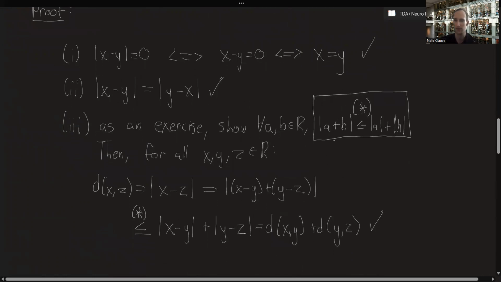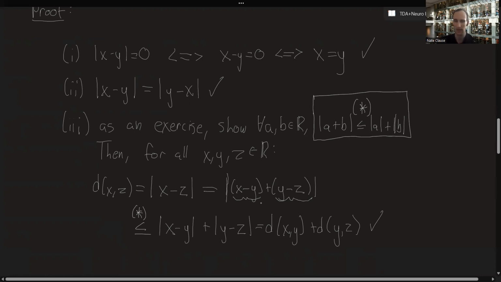And if we assume knowledge of this inequality, then for all x, y, and z in the real numbers, the distance between x and z equals the absolute value of x minus z, which equals the absolute value of now x minus y in one parenthesis, and then plus y minus z in another parenthesis.